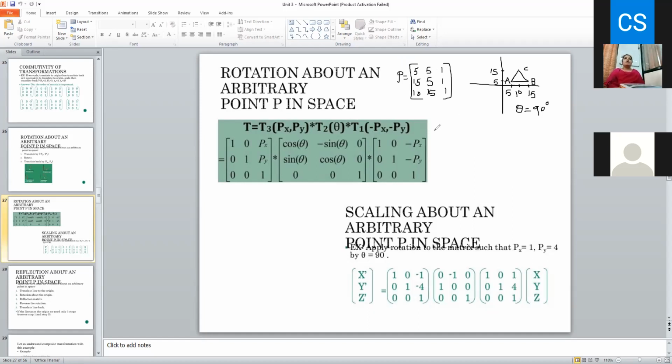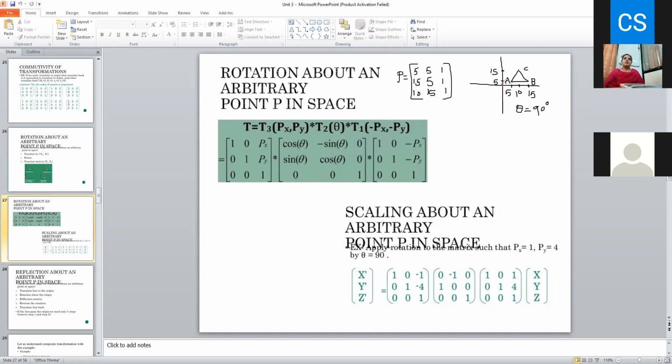Now what about the T matrix? So it is an example of combined transformation, right? Because we need to carry out the rotation about point A. Is any specific T matrix available to you? No. The rotation matrix available to us is with respect to the origin.